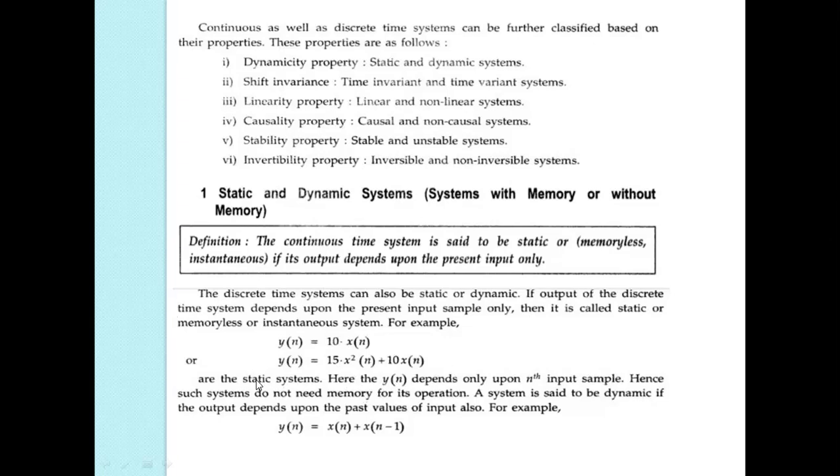Here y of n depends upon only the nth input sample, hence such systems do not need memory for their operation. If it depends upon past input values also, it needs memory. Because it depends upon the present input only, there is no need for memory, so we call such systems static systems.